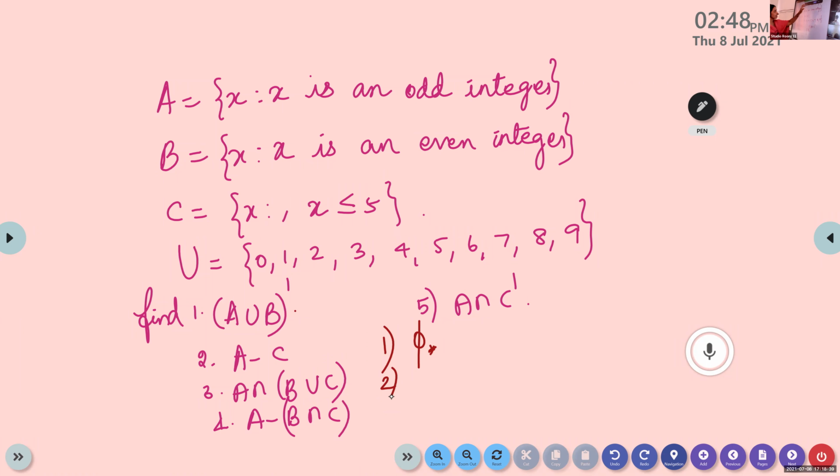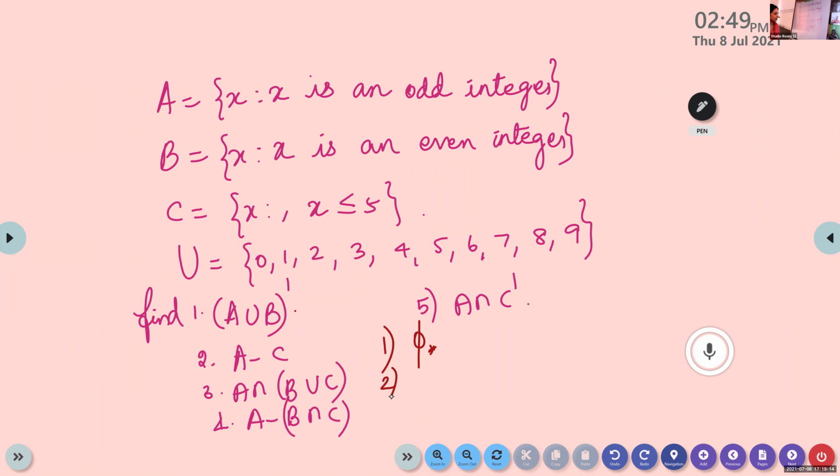The universal set contains only the numbers 0, 1, 2, 3 and so on, so we will not be able to take the negative numbers. Odd integer means we used to take -1, -3 and all, but the universal set is the set containing all these things, so we will not take the negative numbers. Is it okay? Now, note the correction.